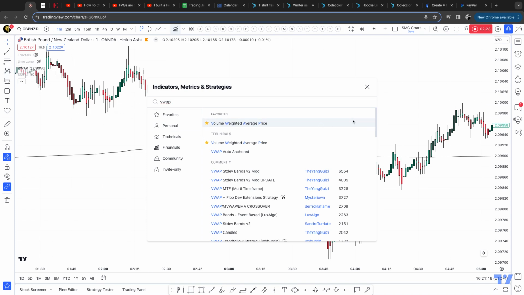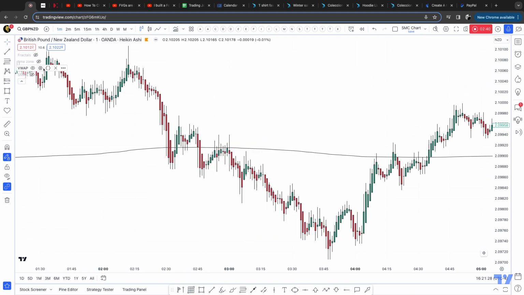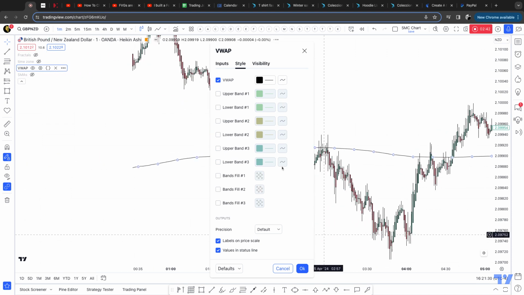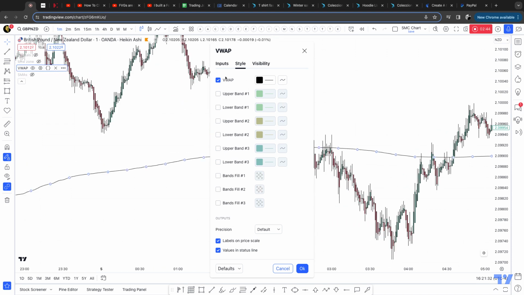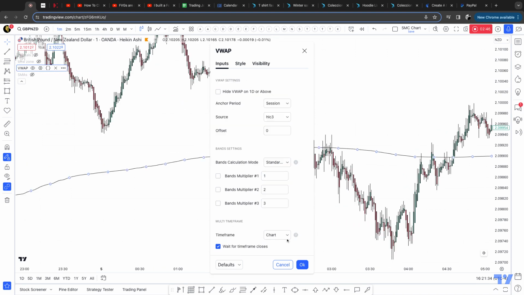It already comes with TradingView, and it doesn't show any creator or anything. As soon as you type in VWAP, this is the one that's going to show. The actual settings, I believe I have not changed anything.